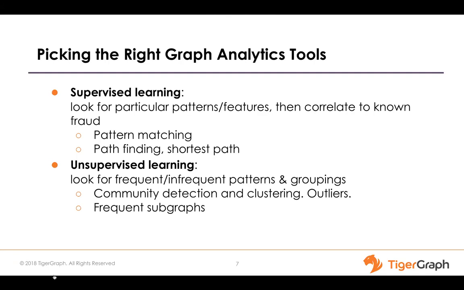In an anti-fraud case, if you're looking for particular patterns and features, you can correlate them to some known fraud. In these situations, you can consider pattern matching, path finding, shortest path algorithm. Whereas if you're in the realm of unsupervised machine learning, you may be looking at community detection and clustering and frequent subgraphs.